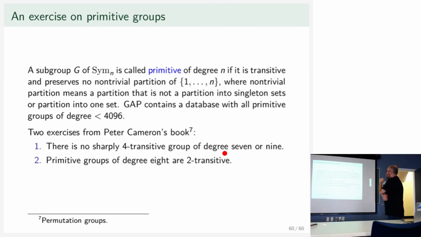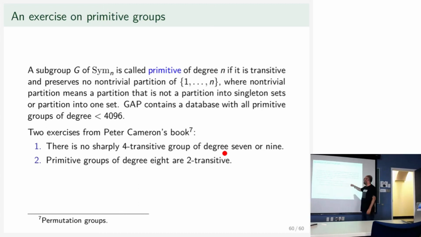GAP also contains a database with all primitive groups of degree up to this number. In this nice book of Peter Cameron, Permutation Groups, you will find these two exercises. You need to prove that there is no sharply 4-transitive group of degree 7 or 9. It doesn't matter what these things are, but you can easily prove this with GAP.